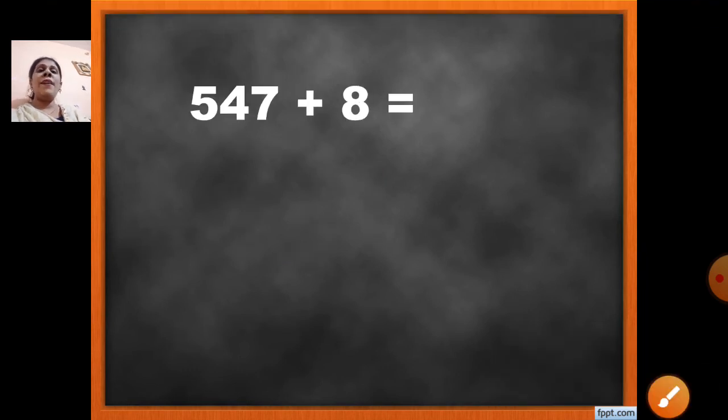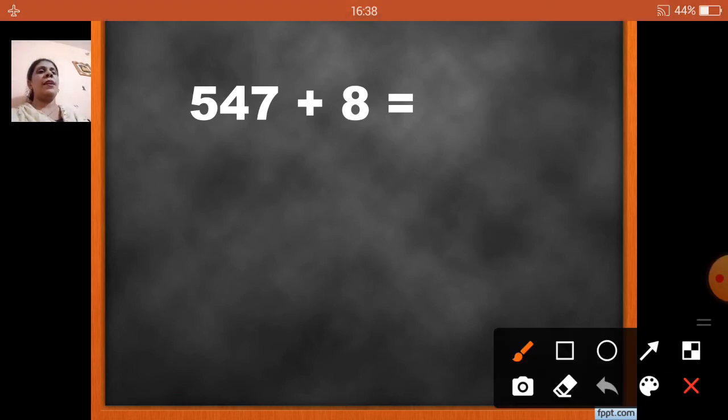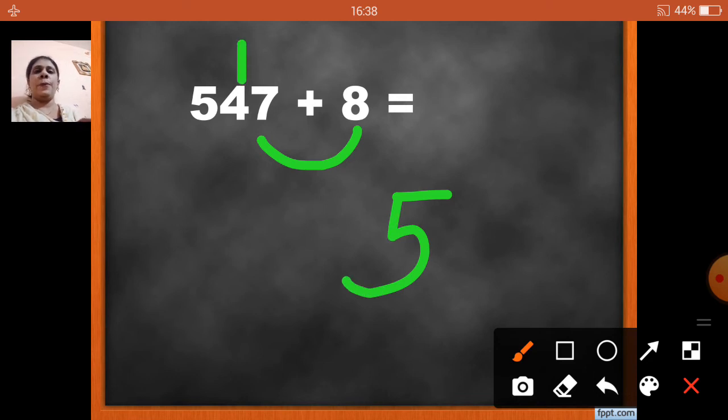Next, 547 plus 8. So shall we start, children? Units with units, that is 7 plus 8. So after 7, 8, 9, 10, 11, 12, 13, 14, 15. So I get my answer 15. So I will write 5 here, 1 I will carry over. Okay.